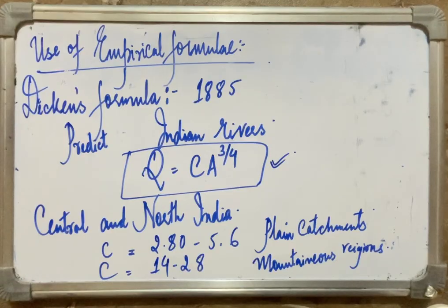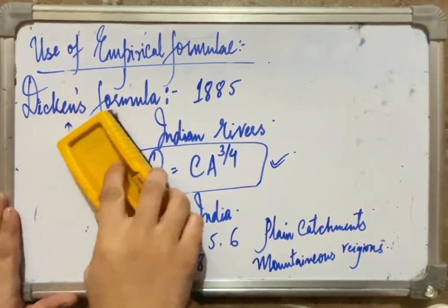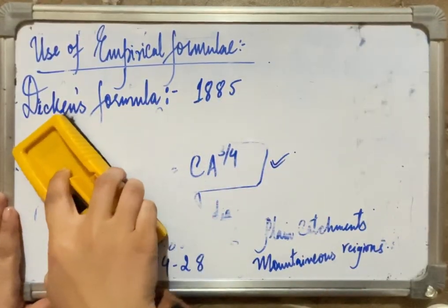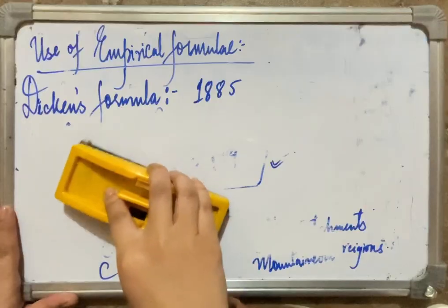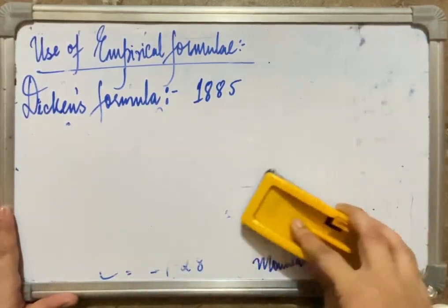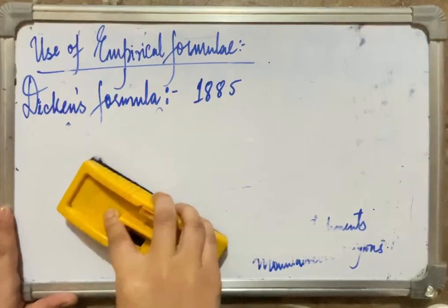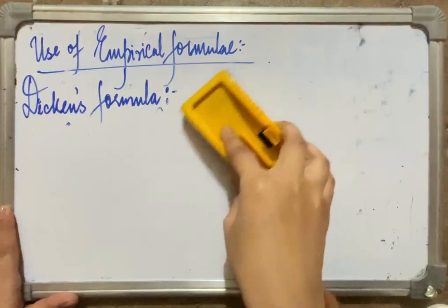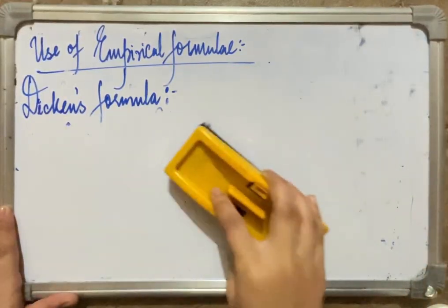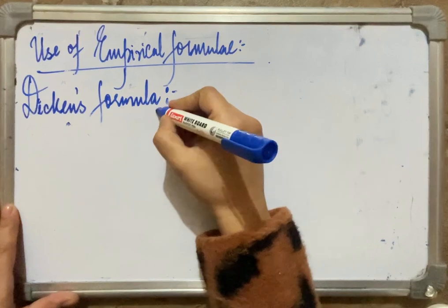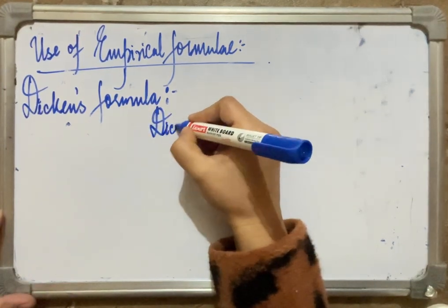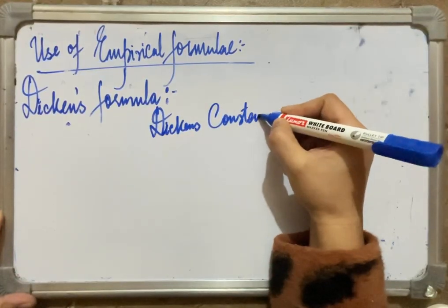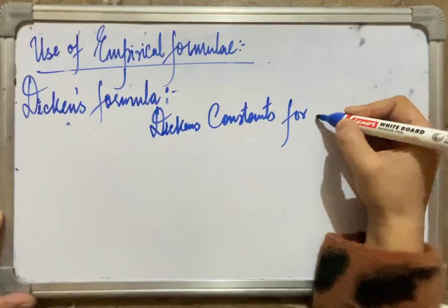But recent studies were conducted, and to make Dickens' formula applicable to different parts of India, not only to central and north India, constants were suggested. I'll tabulate them here: Dickens constants for different watersheds.